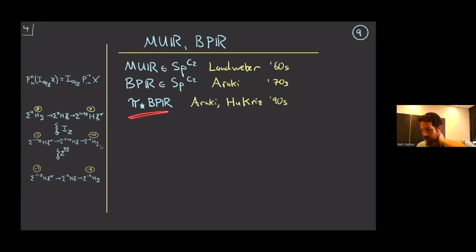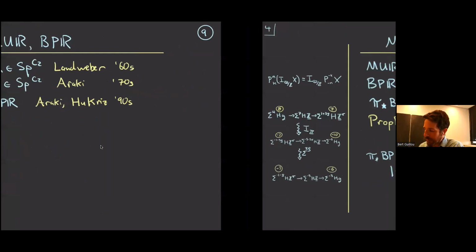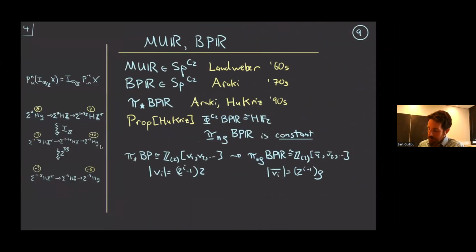So in terms of the computation of BPR, I think that the first published account of this is in the widely influential paper of Hu-Kriz from the late 90s, although they do say that this computation was first done by Araki but not published. Anyway, so we have the RO(G)-graded homotopy of BPR, and let me mention a couple of properties.